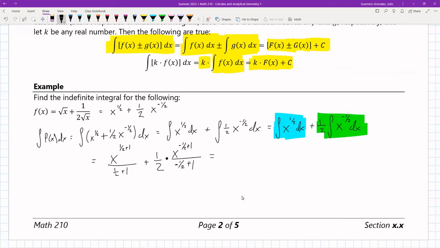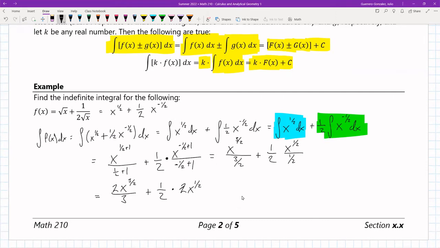Okay. Now I get to do this simple math here. So this is going to be x to the 3/2 over 3/2 plus 1/2 x to the 1/2 over 1/2. Okay, I'm going to simplify this a little nicer. I'm going to get 2x to the 3/2 over 3 plus 1/2 times 2x to the 1/2.